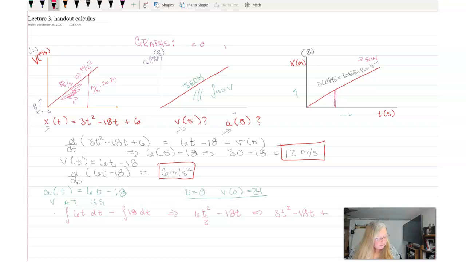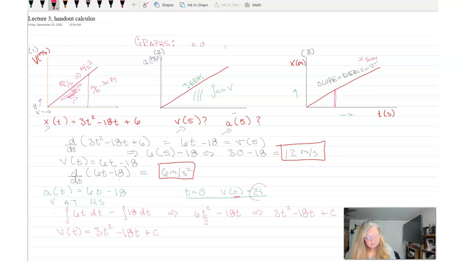Now, there's that pesky little plus c. So I know that v of t equals 3t squared minus 18t plus c. Now is when the initial conditions come in. I'm told that at time t equals 0, I have a velocity of 24 meters per second. So what I'm going to do is just put zeros in all of this.